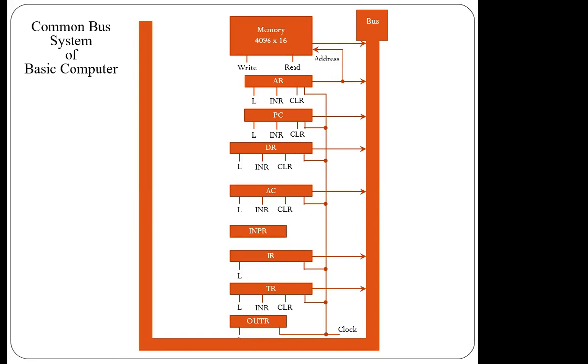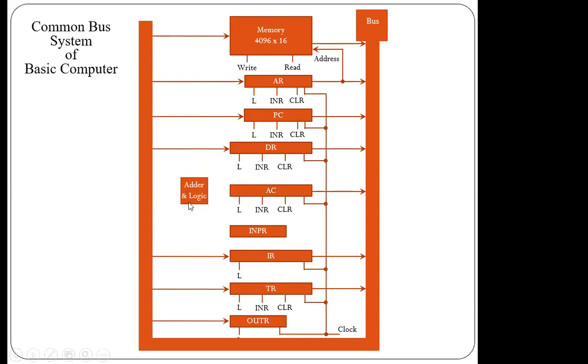Because whenever you are reading something from the memory or writing something onto the memory, you need one address where to read the data or where to write the data. For example, if you want to access a document from your C drive, then you need the location of where to find that particular document, right? Then these are the connections.